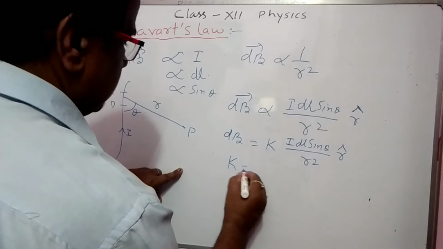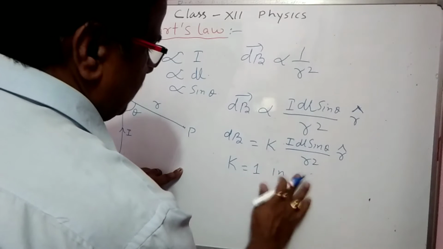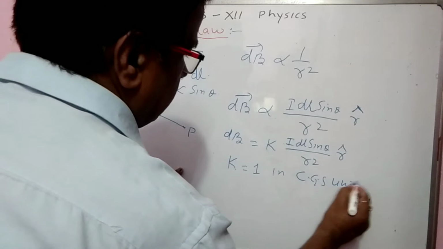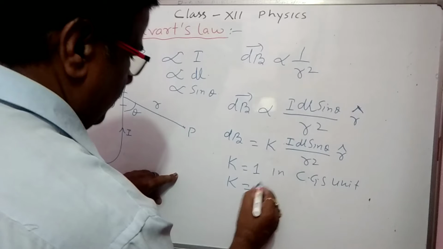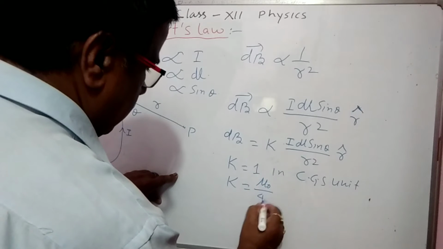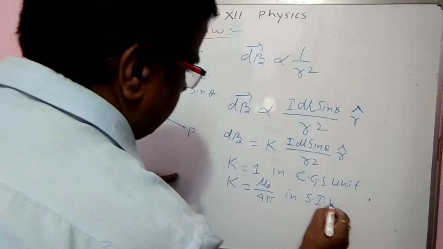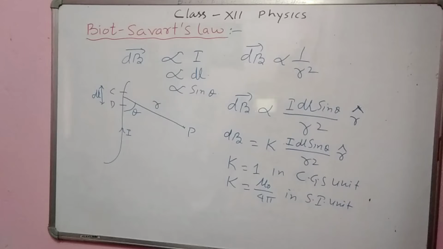Here k is equal to 1 in CGS unit, but k is equal to mu naught by 4 pi in SI unit.